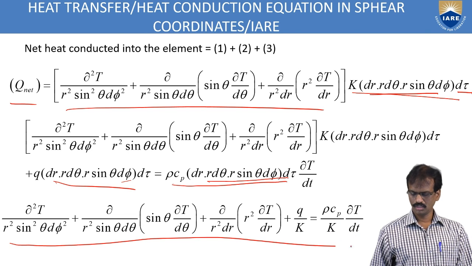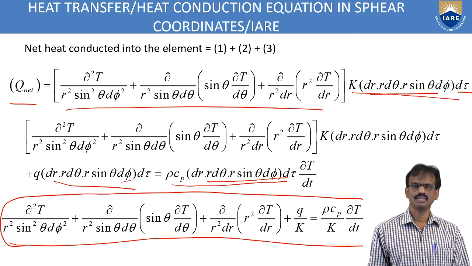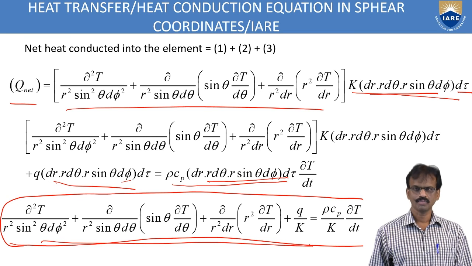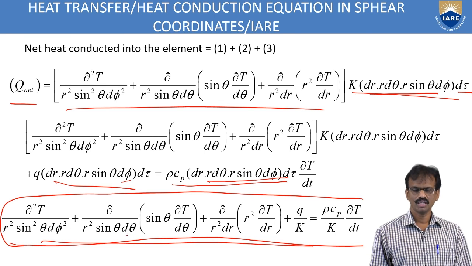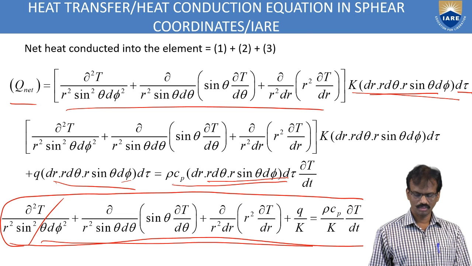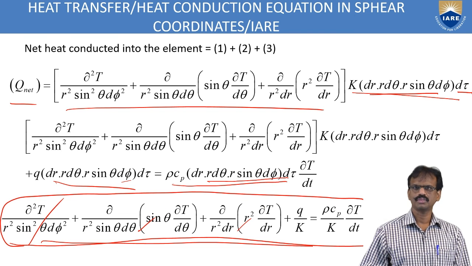So this is the final general heat conduction equation in the spherical coordinates. So this is the final equation. Okay. So this is the three-dimensional equation. If you take one dimension, you can take this one or this one or this one. Okay. So this is the equation.